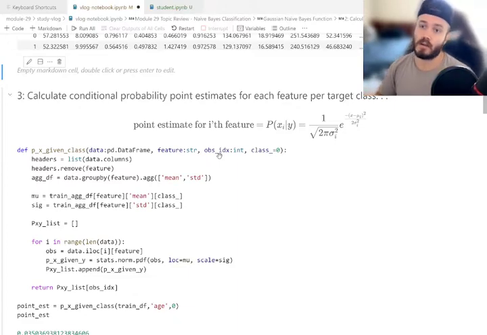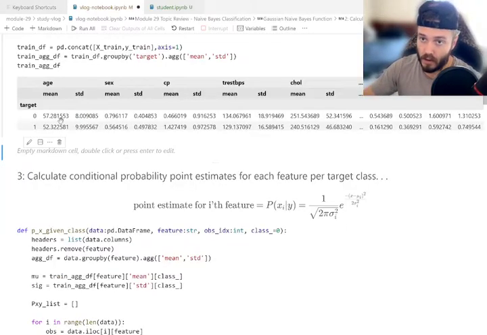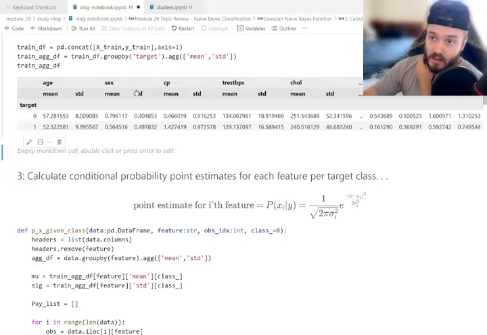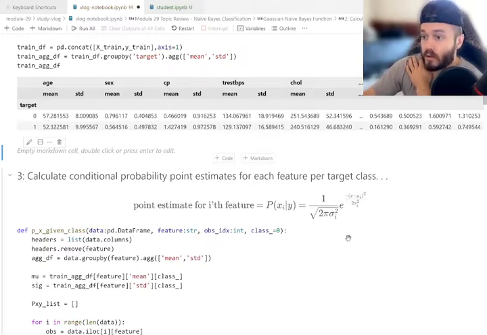So calculate the conditional probability of your point estimates for each feature per target class. So for every feature, age, sex, CP, I think this was stroke prediction or heart disease prediction data where this came from. For every one of our original columns from the original data, not these right here, we're going to take the mean and the standard deviation, plug it into this formula, and do that for each target class.